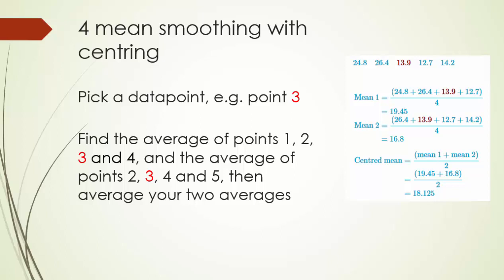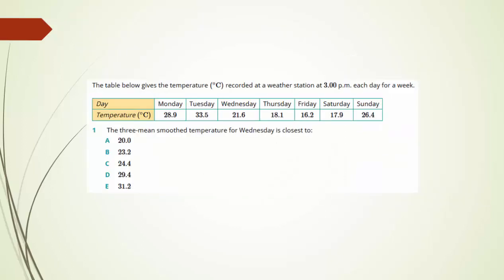And if you were doing that all the way along the table, you then have to move along to the next one. So just looking at that in a bit more detail, this is a question from the exercise. We have the table below, gives the temperature in degrees Celsius of the weather station. And they say, what is the 3 mean smooth temperature for Wednesday? Well, 3, so we want to find the average of Tuesday, Wednesday, and Thursday.